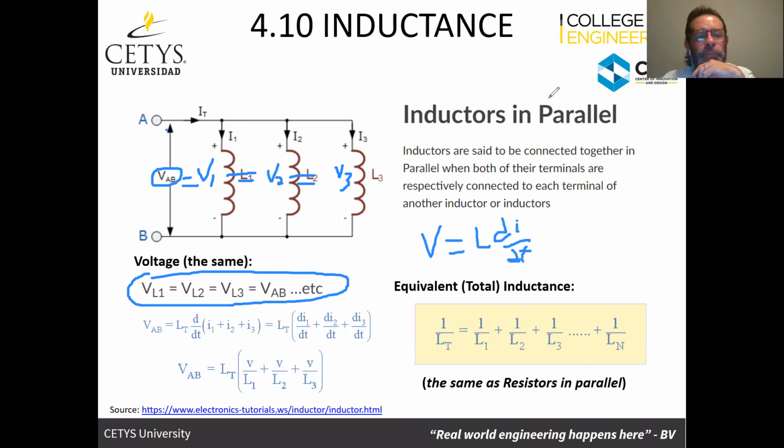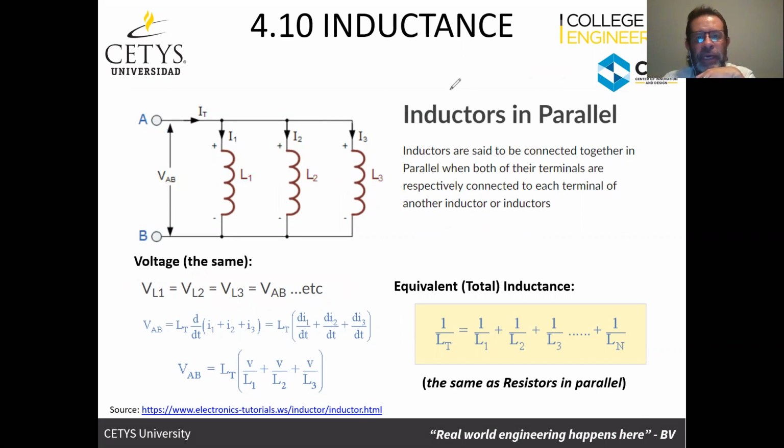So if we substitute that in the expression of the sum of the voltages, the total voltage is going to be equal to the inductance multiplied by the derivative of the current with respect to time, which is the rate of change of each current.